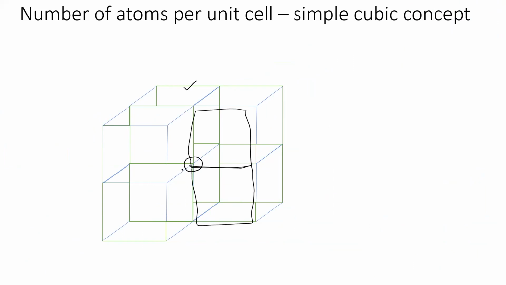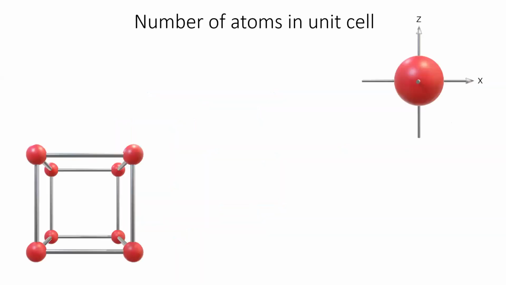So what about its contribution for this particular unit cell? Its contribution is 1/8 part. Is that clear? Clear, sir. Yeah. So say for example, you consider this is an atom.